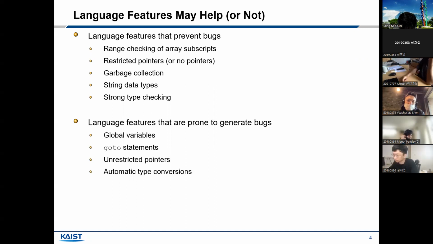Some language features are prone to generating bugs, like global variables. We've talked about this before. Why? Because the value of a global variable can be changed anywhere in the program without you noticing it. Therefore, it's prone to error. Goto statements are prone to error as well, because you can jump around between the code, and it's really hard to debug. And unrestricted pointers, meaning pointers pointing at deallocated memory and so on.